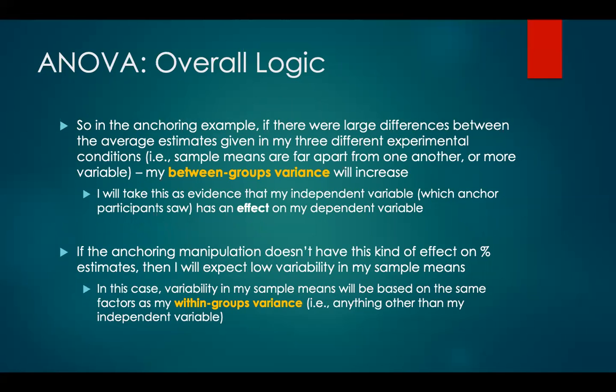And I will take this as evidence that my independent variable, so which anchor participants saw, has an effect on my dependent variable, which is their estimate. So if the anchoring manipulation doesn't have this kind of effect on percentage estimates, then I will expect low variability in my sample means. In this case, variability in my sample means will be based on the same factors as my within groups variance. So anything other than the independent variable.